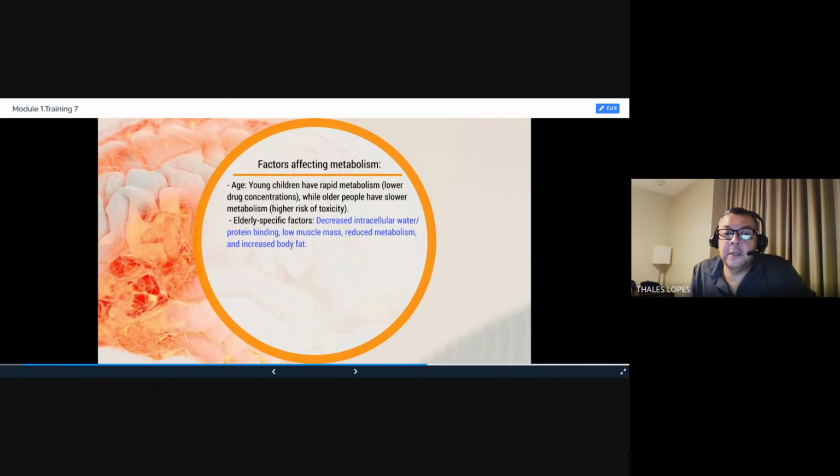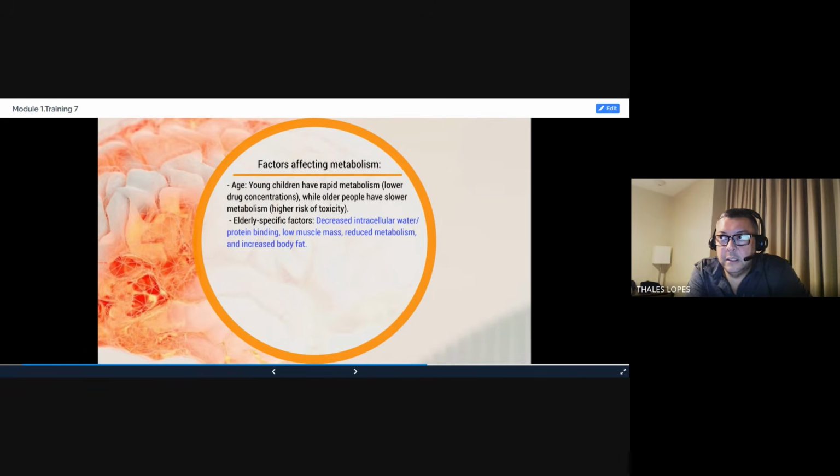They have a lower muscle mass and reduced metabolism. The only thing that they have increased is body fat. Okay, very important. You need to know specifics about the elderly.